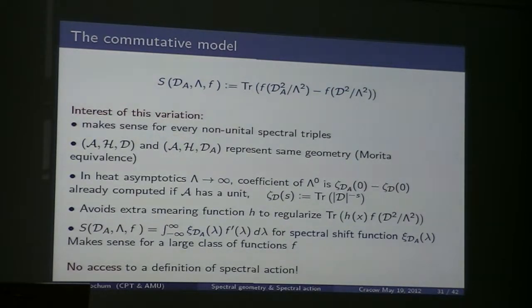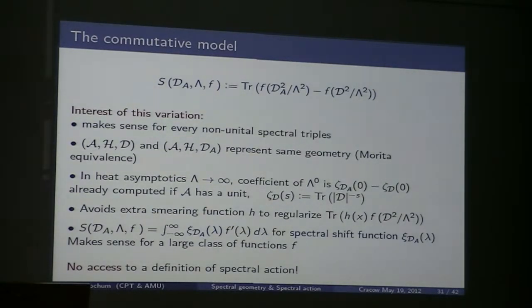Well, first of all, it makes sense for every non-unital spectral triple. Okay? Second, the difference between this geometry and this one is actually the same. They are Morita equivalent. So you are working with the same geometry.